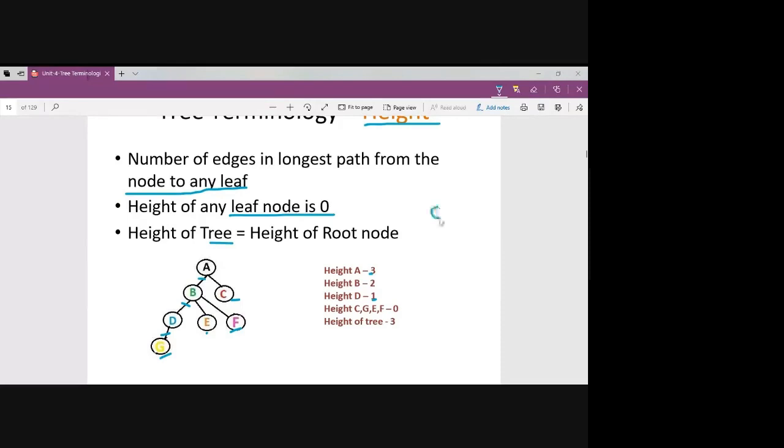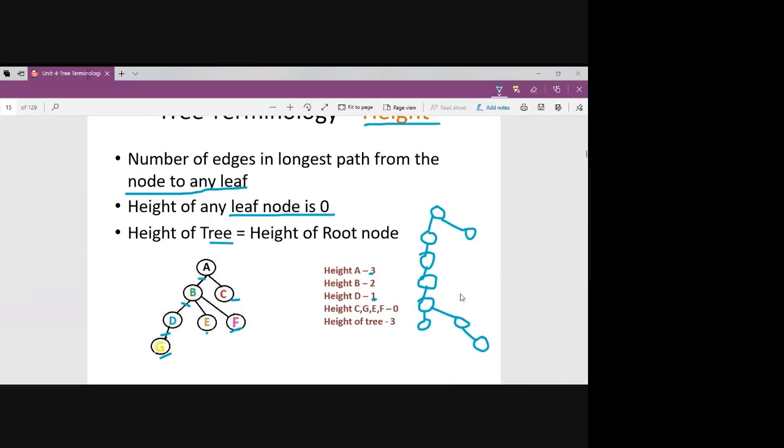So if you are having a tree like this, again, maybe I'm drawing like this. Okay, what is the height of this tree now? What is the height of this tree? 6.